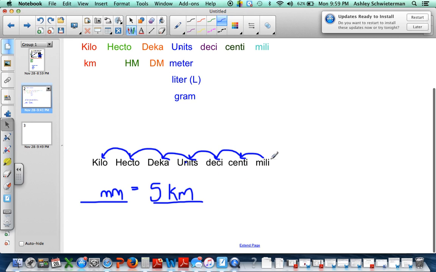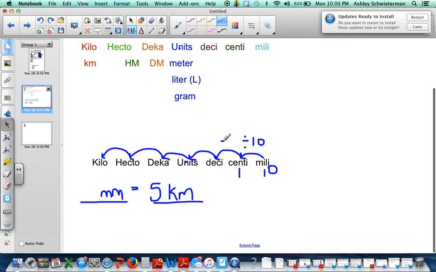So, if it took 10 of these to equal one single one of these, and it took 10 of these to equal one single one of these, what are you doing to get from here to here? So if this is 1, and this were 10, to get from here to here, you are dividing by 10.